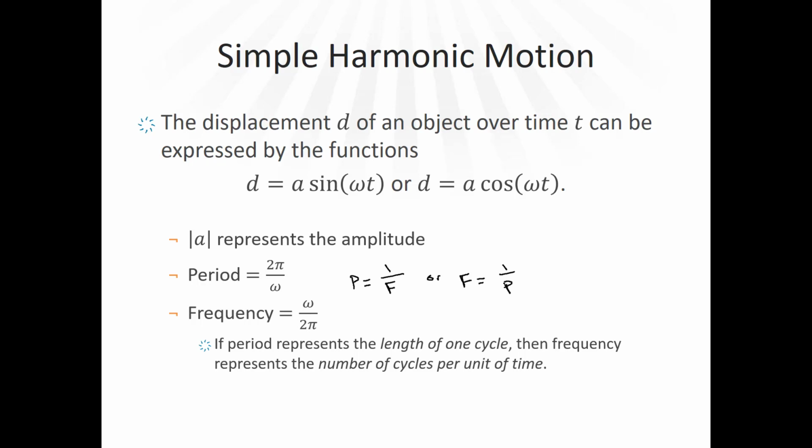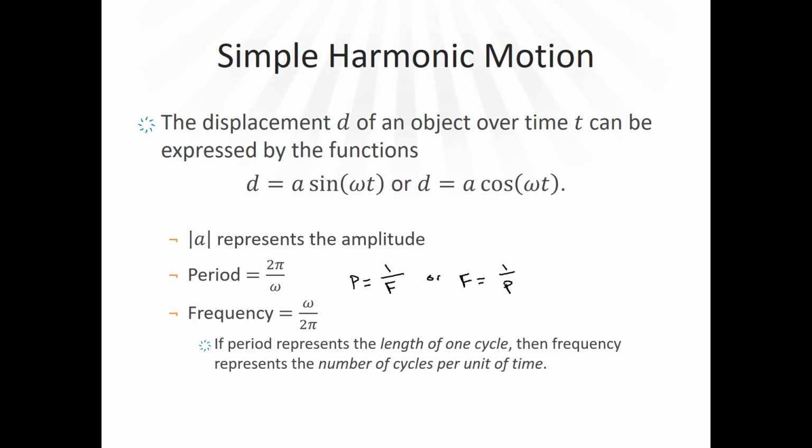If you're running and your heart rate goes up, that means your period gets shorter, but your frequency gets higher. So they're opposite relationships. The period would tell you maybe your heart beats every half second.